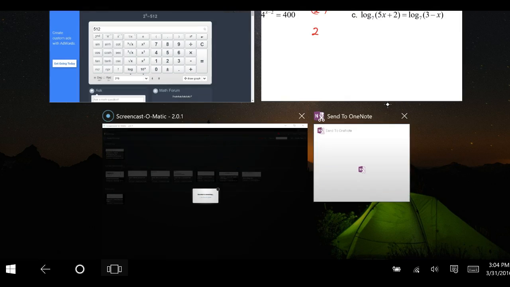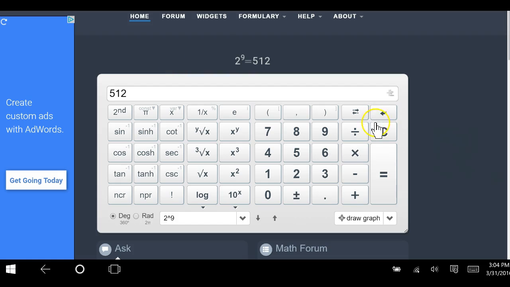So how about 4? Let's try 4. Now 4 raised to the power of, let's say, 5. It's too much. 4 raised to the power of 4 is equal to 256.